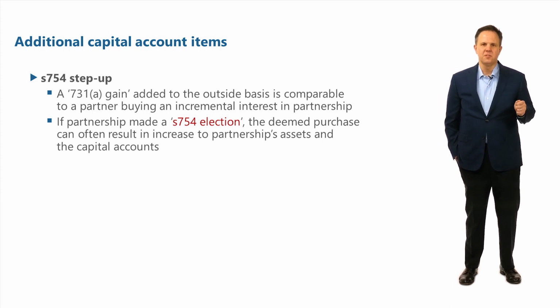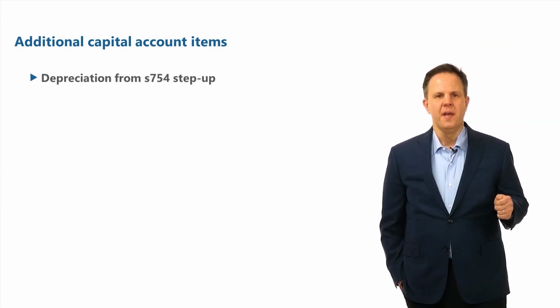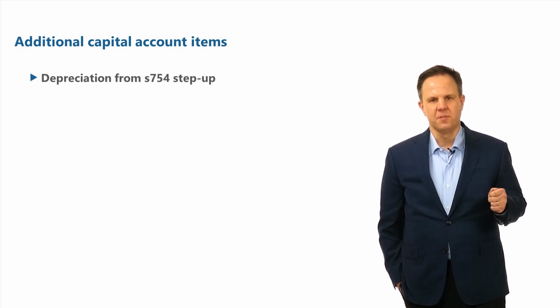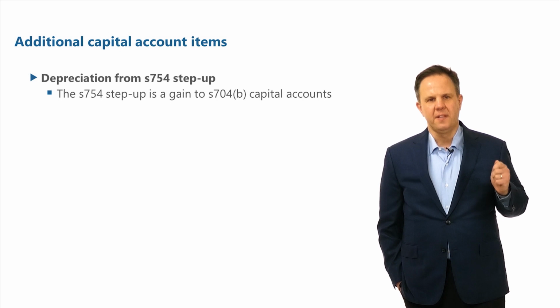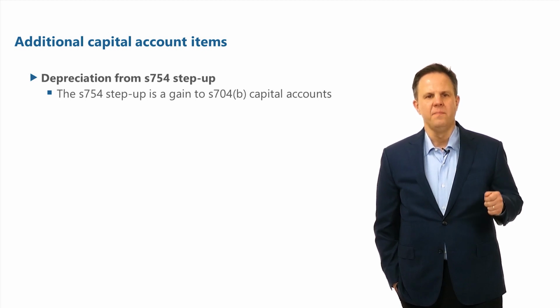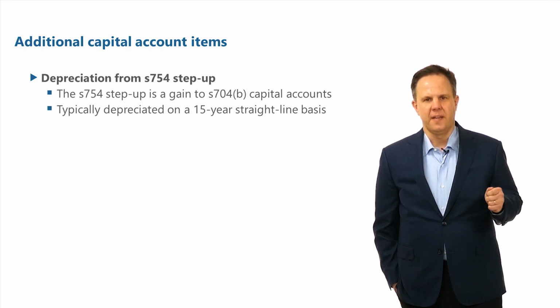But Section 754 step-up is considered a gain from a Section 704B capital account perspective, and that gain is depreciated, increasing the losses that the partnership has to allocate to its partners. Most commonly, those losses are calculated on a 15-year straight-line basis, amortizing that gain.